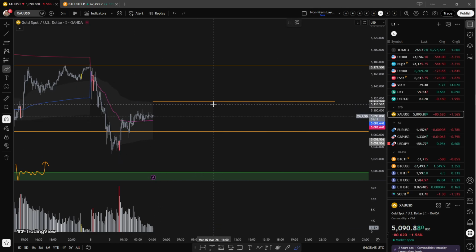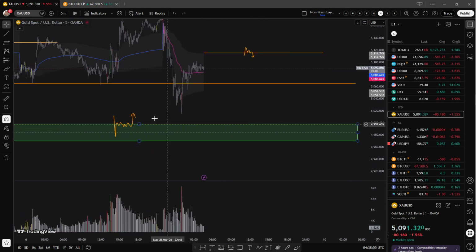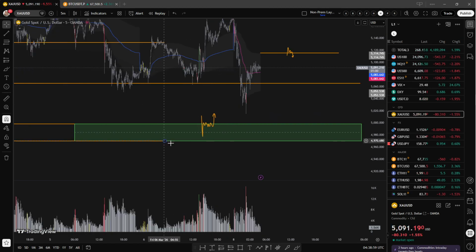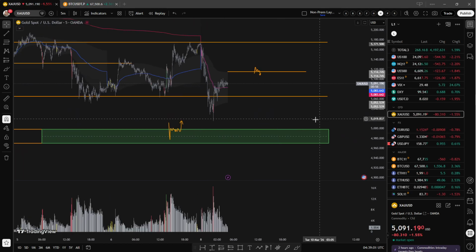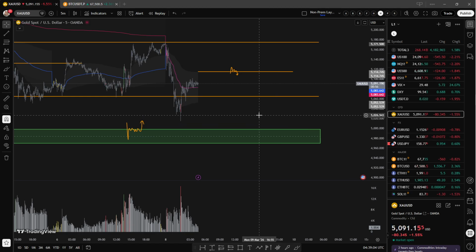So on our weekly VWAP band, we want to see something like this. And if it fails, now you want to see some reaction on this one. Okay? So yeah, that's about it.